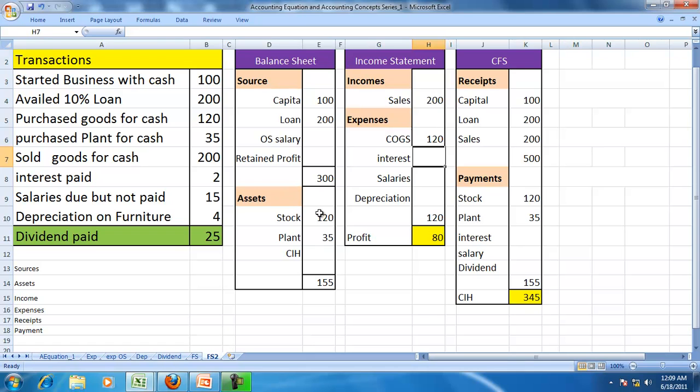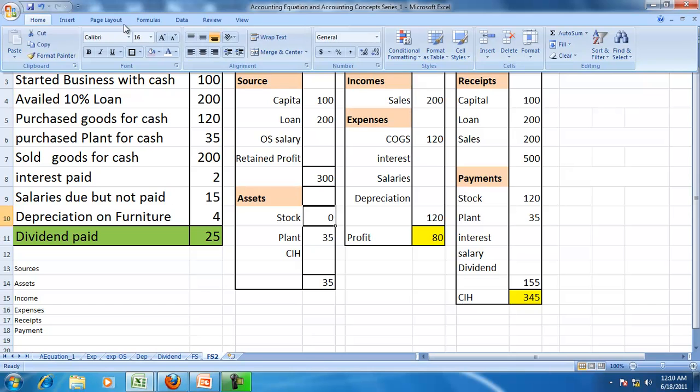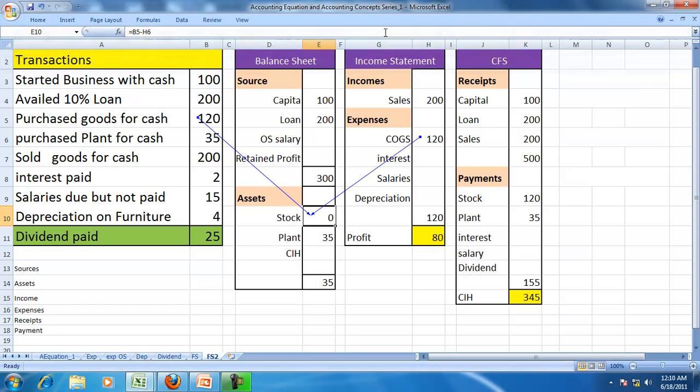When I'm selling the entire goods, I'm not going to have the stock anymore on my balance sheet, so stock becomes 0. So let us see the stock to get clarity on where the stock was. There was a stock of 120, and we sold the goods costing 120 for 200, so the stock is not there anymore on the balance sheet.